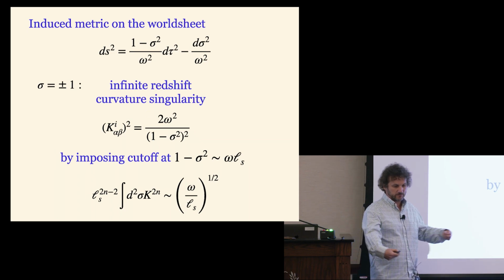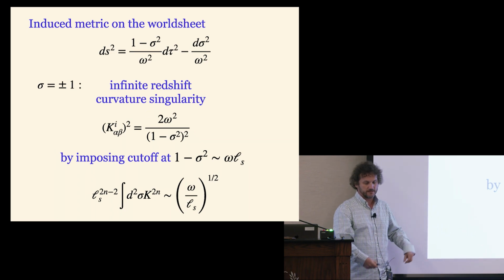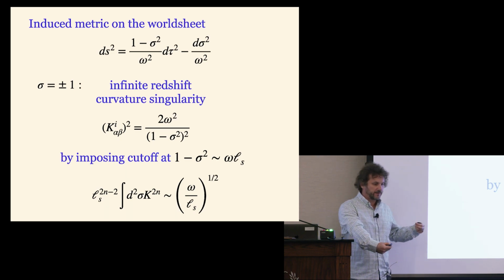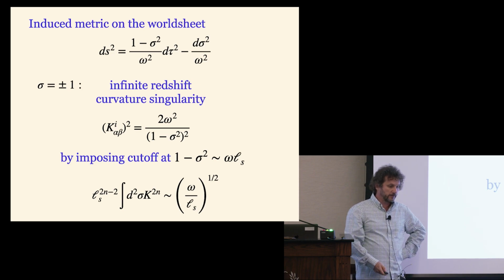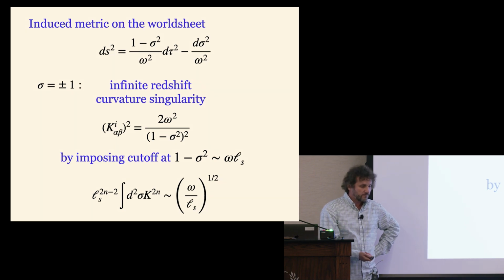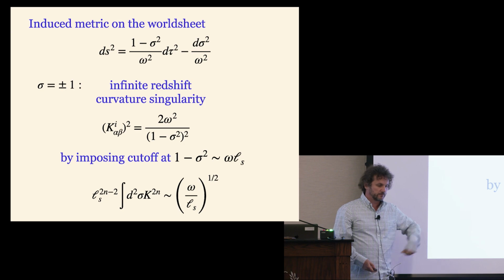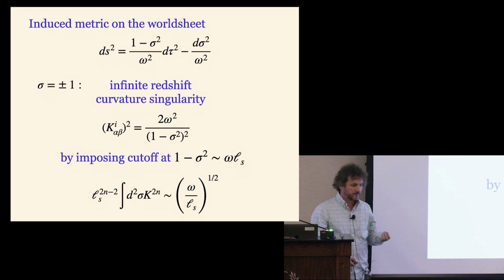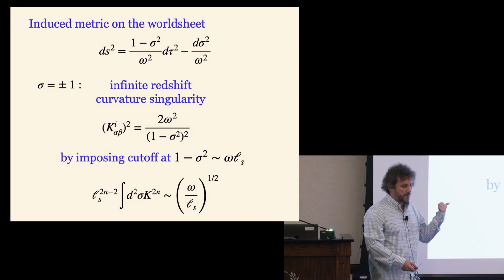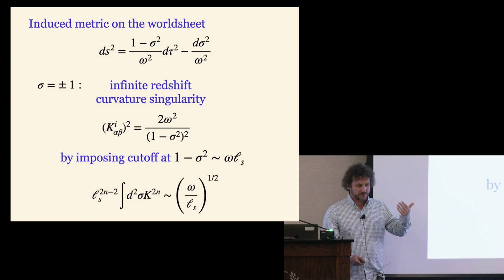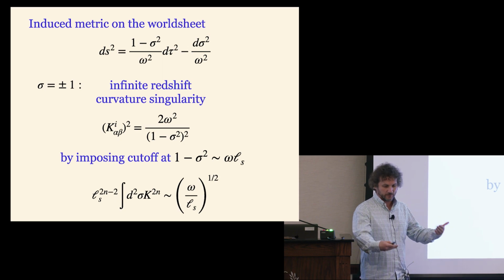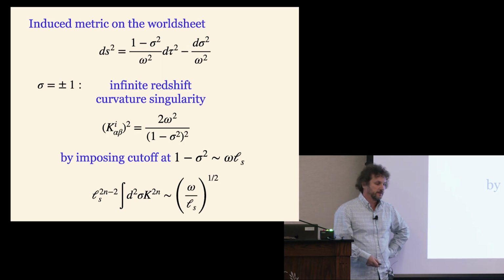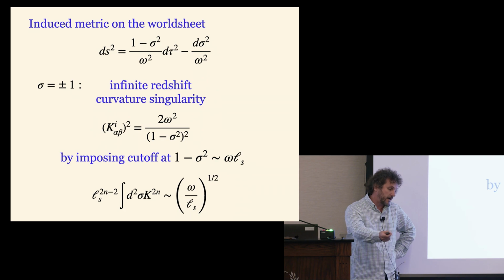So if one thinks about this long string configuration as an effective field theoretic object, then there is a naked singularity at the endpoint. One way to see what it leads to: this is a solution of the Nambu-Goto action, but in the systematic approach we're trying to use an effective low energy theory based on the Nambu-Goto action plus higher-dimensional corrections.